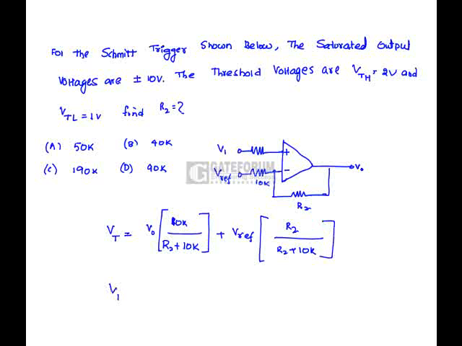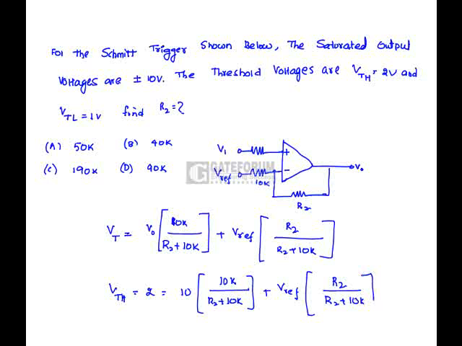So VTH, which is 2 volts, is equal to this, which is going to happen whenever V0 is the positive saturated voltage, that is plus 10 volts, times 10k divided by R2 plus 10k, plus V reference times R2 divided by R2 plus 10k. V reference is unknown here, but in order to decide R2 it's not required.